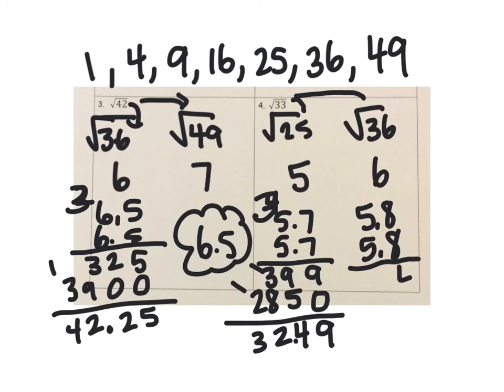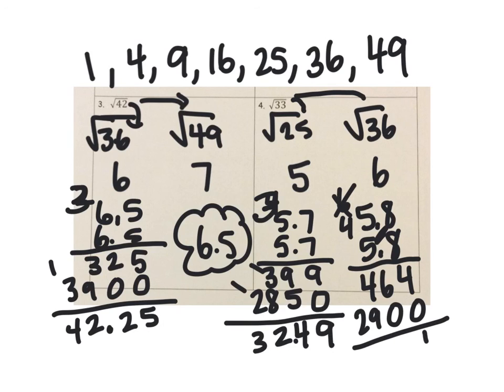8 times 8 is 64. 8 times 5 is 40, plus 6 more is 46. Now we're moving to the 5. 5 times 8 is 40. Carry that 4. 5 times 5 is 25, plus 4 more is 29.